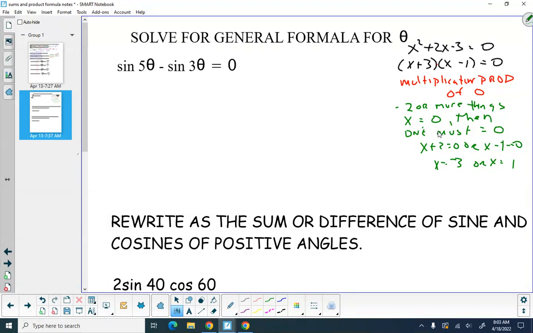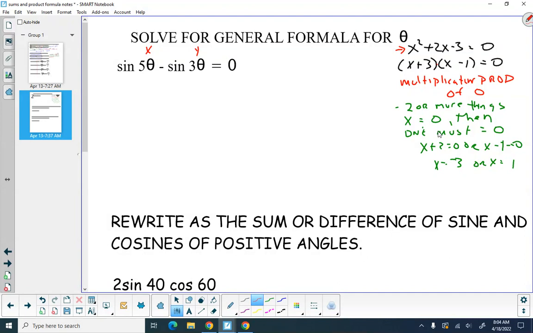Well, that's what our formulas will allow us to do. We have the sine of 5 theta minus the sine of 3 theta is equal to 0. We have things being added or subtracted, just like up here. Do I have a formula that will allow us to move the sine of x minus the sine of y into multiplication?